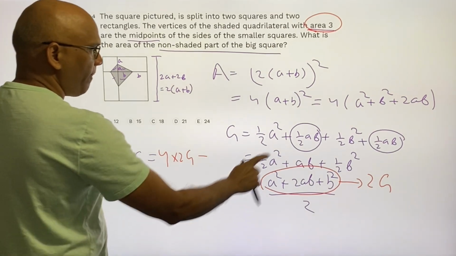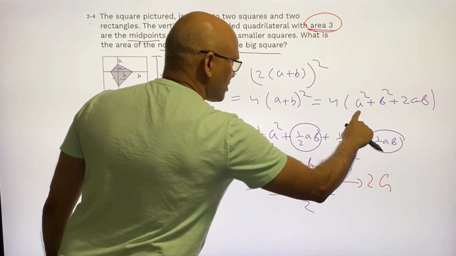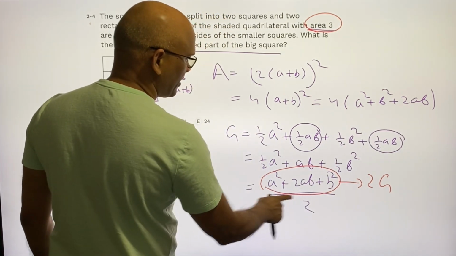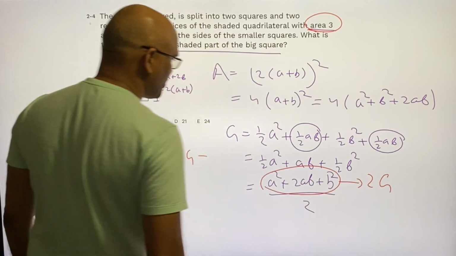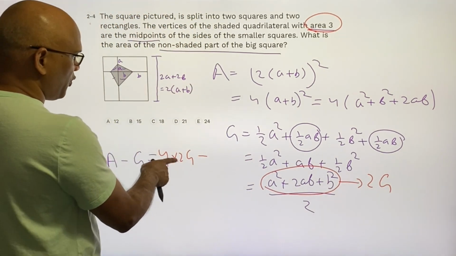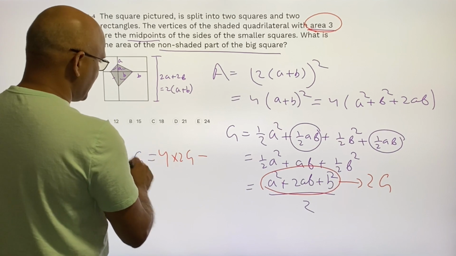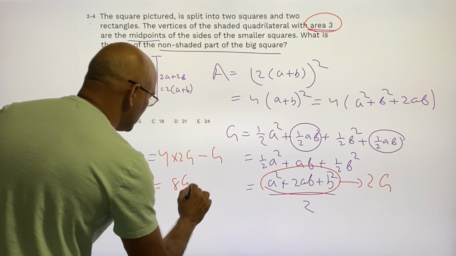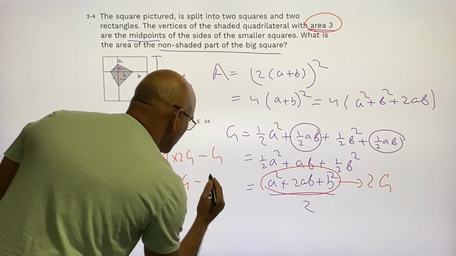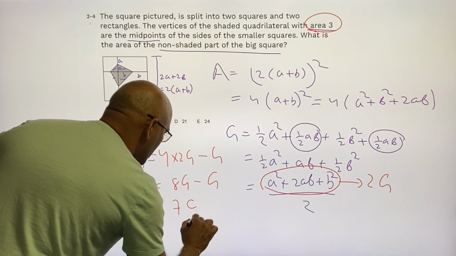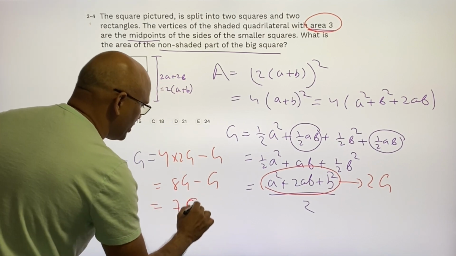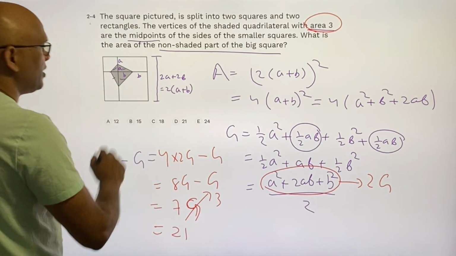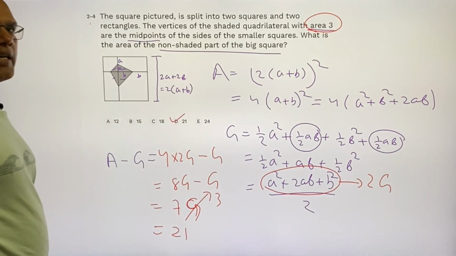From this equation I know that this is equal to 2 times g, so 2 times g here, there was already a 4 times 2g minus this g here, so this is 8g minus g is 7g, but g I know is 3 from here, so this is 7 times 3 is 21. Then D is the correct answer.